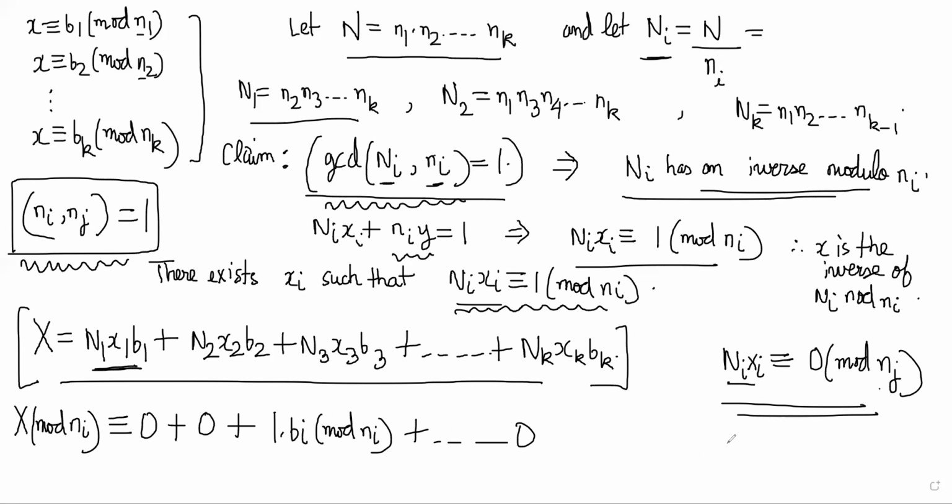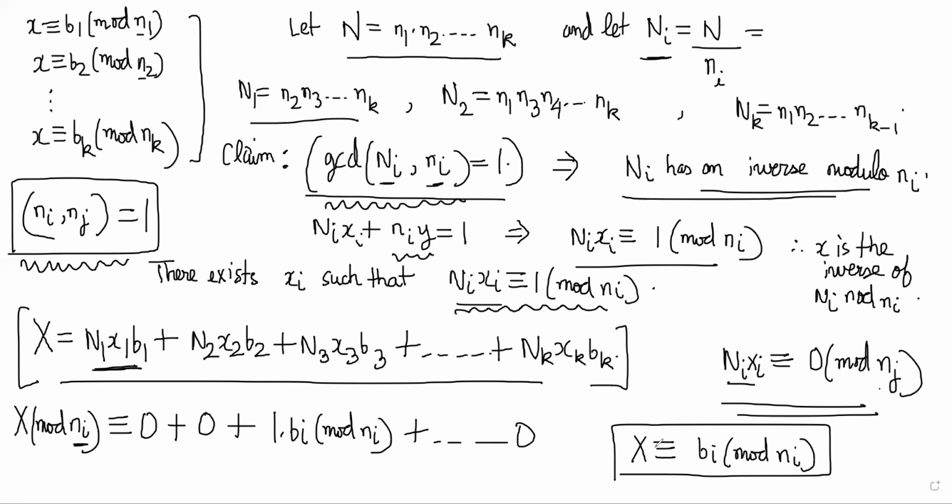So what we are getting is X is congruent to bi mod ni. And the same thing is true for i goes from 1 to k. Because I did mod ni, I could have done mod n1, mod n2, mod n3. I'll keep getting results like this.